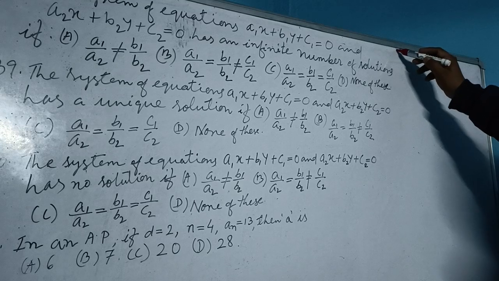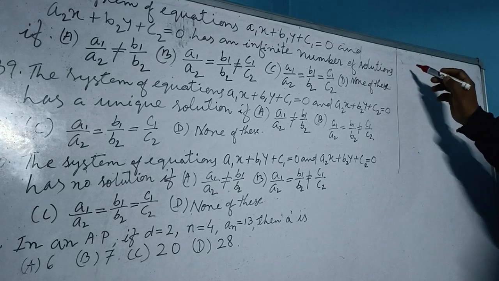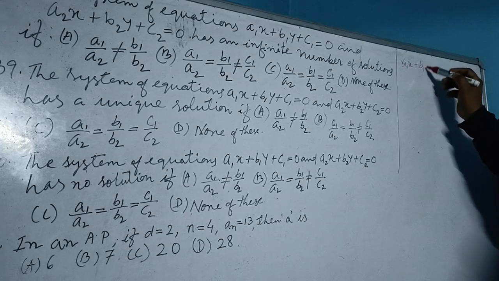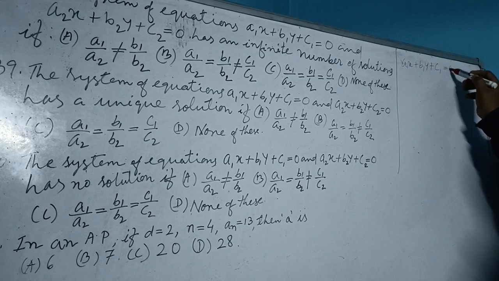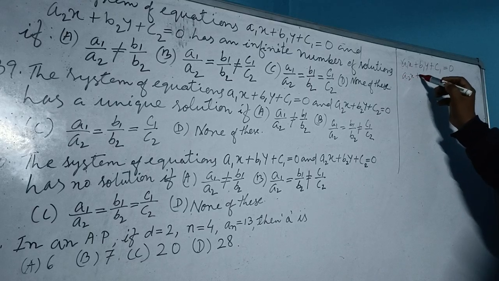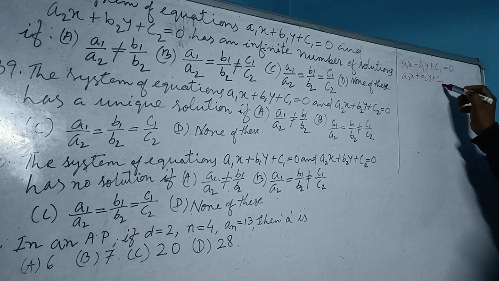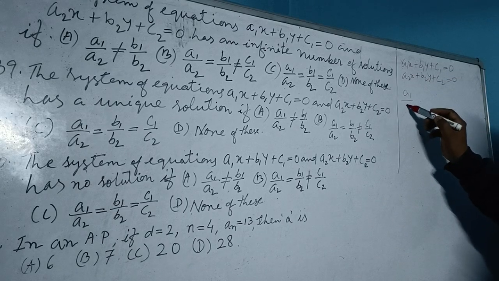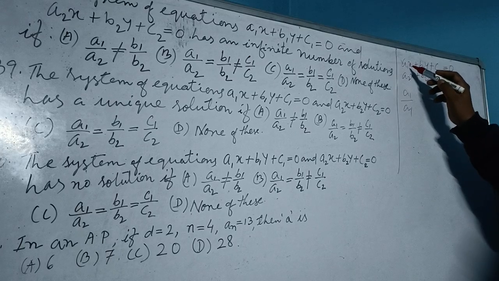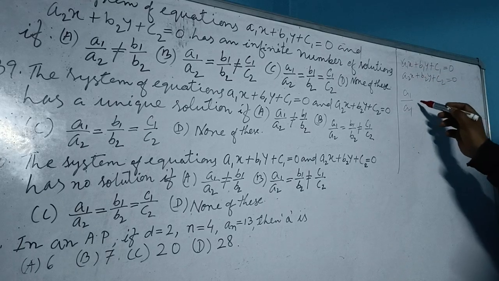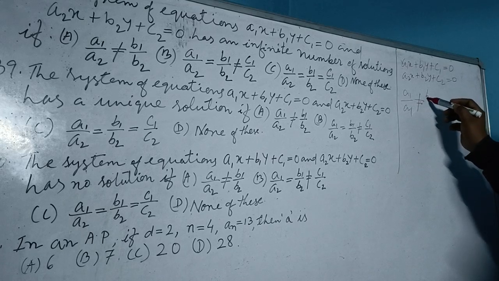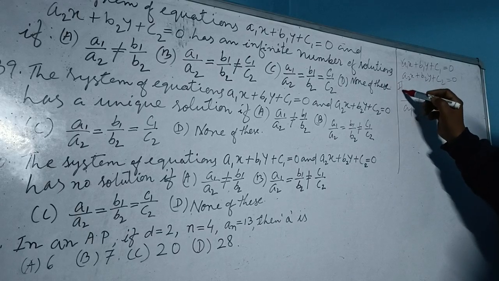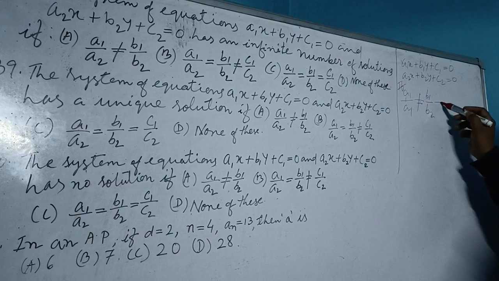You know the conditions for a pair of linear equations in two variables. If the ratio a1 by a2 is not equal to b1 by b2, then you will get a unique solution.